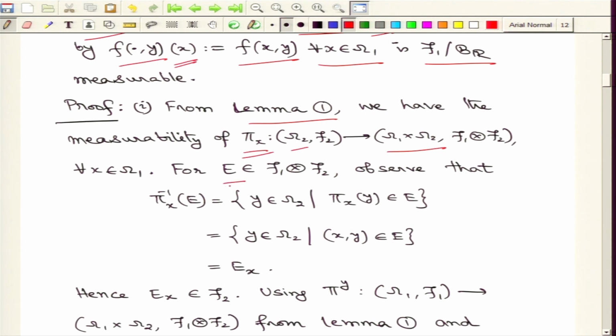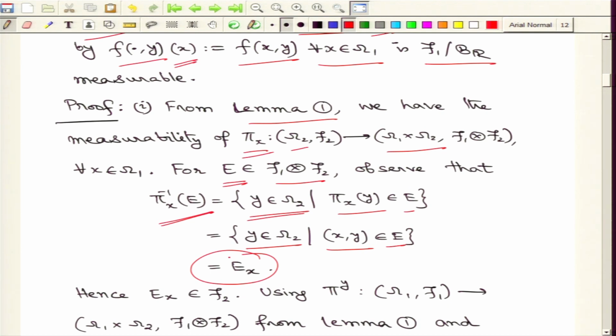Now, if you take any arbitrary set E coming from the product type set, it is an immediate observation that the pre-image of such a set E under this mapping pi x goes like this, that it should be points of the form y such that pi x of y must be in E. But for this to happen, we must have all y in omega 2 such that (x, y) is in the set E, but this is exactly the definition of the section of the set E by the point x, which is E subscript x.